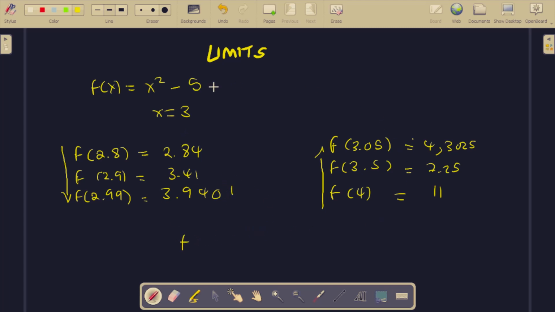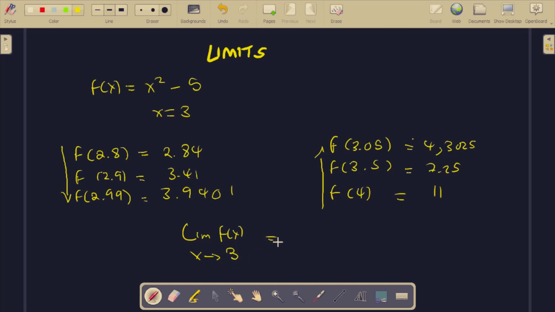Now the description of whatever is written here can be expressed by using some notation. It's not very complicated, it's just something that you have to keep in mind. Here we're going to say we want to take the limit of the function f of x as x approaches 3.